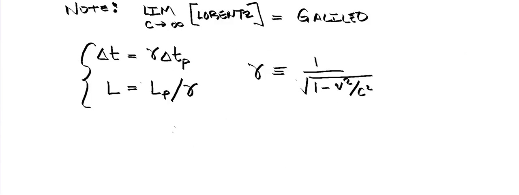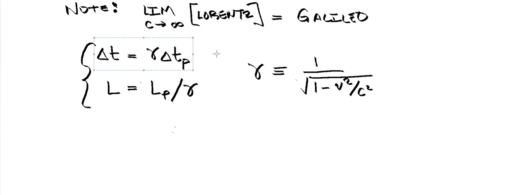Okay, so I want to introduce the thing that's going to allow us to relate time interval and length measurements between two frames with constant relative velocity between them. And the way that we can do this is we could say that delta t is equal to gamma times delta t proper.